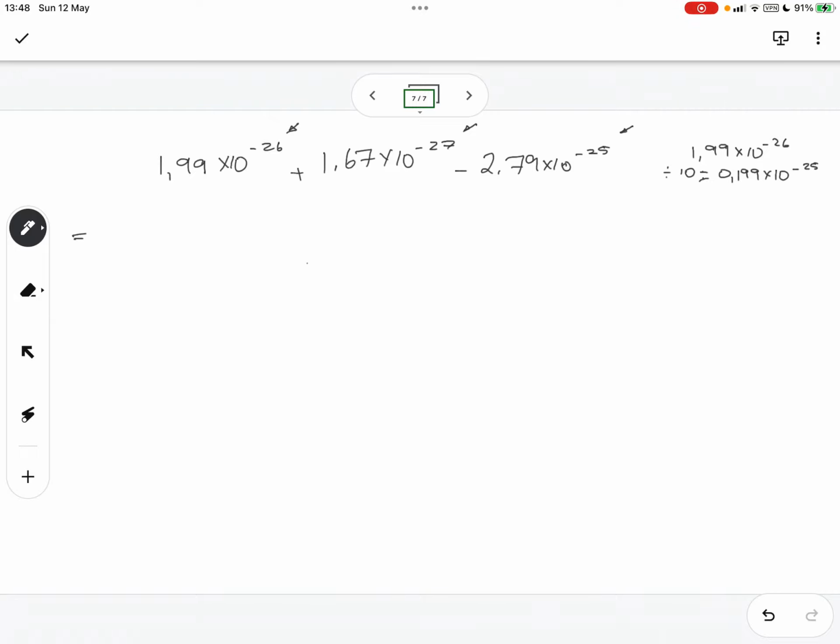Now effectively what happens is that we have 1.99, and when we divide by 10, we simply shift the comma to the left, and then it becomes 0.199 times 10 to the negative 25.